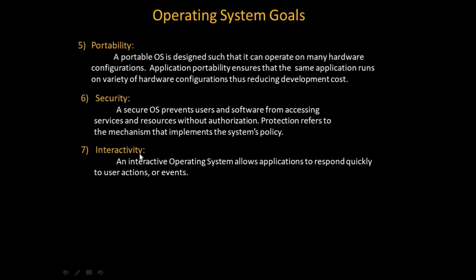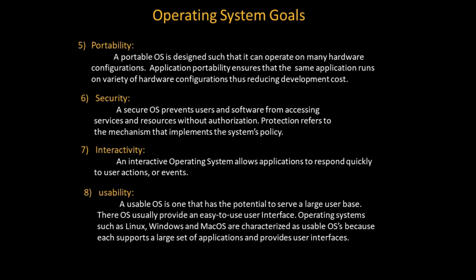When you click with your mouse, immediately the operating system should respond. And also when the user enters a command through the keyboard, the operating system easily recognizes those commands and responds. So an interactive operating system allows applications to respond quickly to user actions and events.